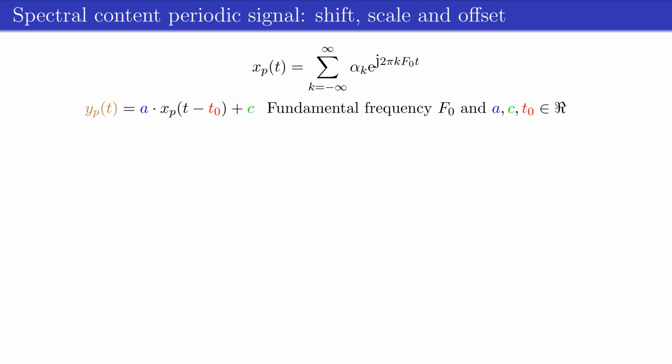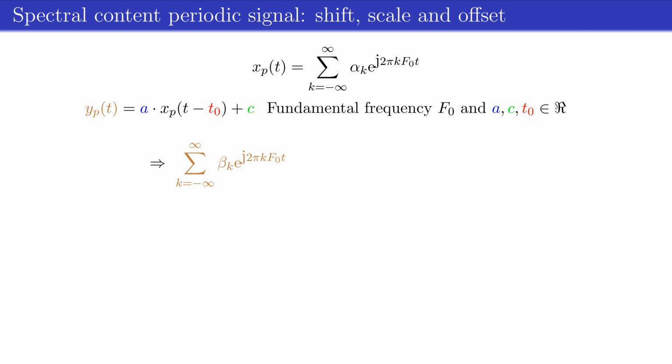In some cases, the spectral content of periodic signals can be related to each other. For example, assume signal yp of t is related to the periodic signal xp of t by shifting it in time over t0 seconds, by scaling it in amplitude by a factor of A, and applying an offset of C. Then the signal yp of t will have the same fundamental period t0 is 1 over f0 as the periodic signal xp of t.